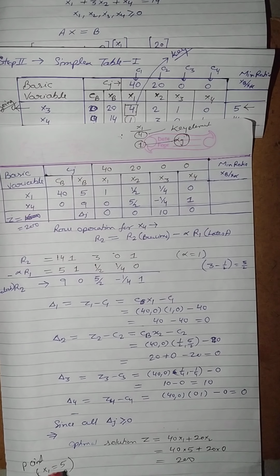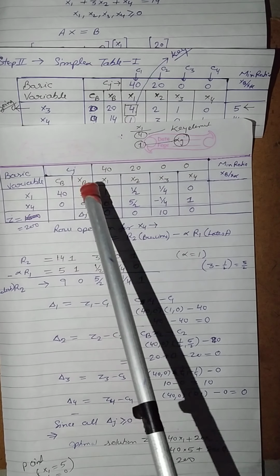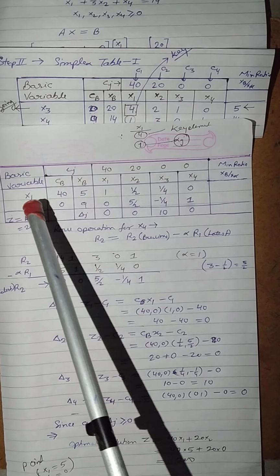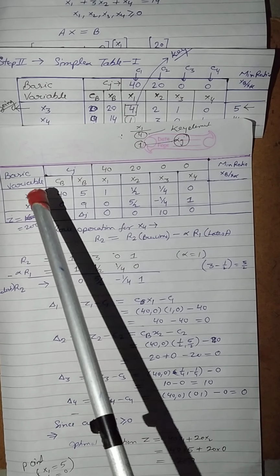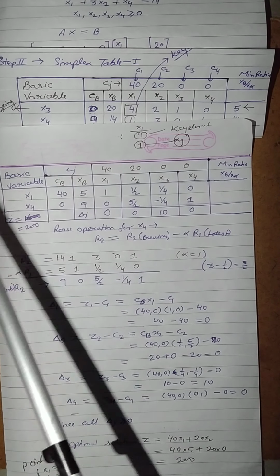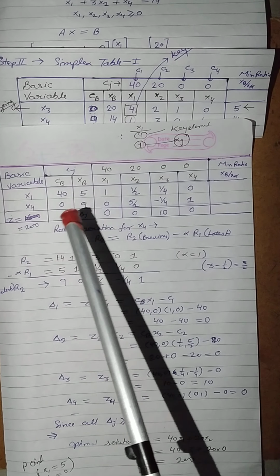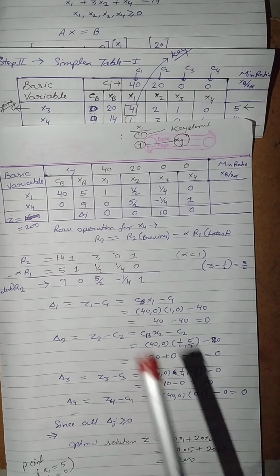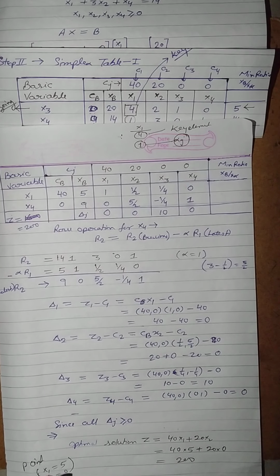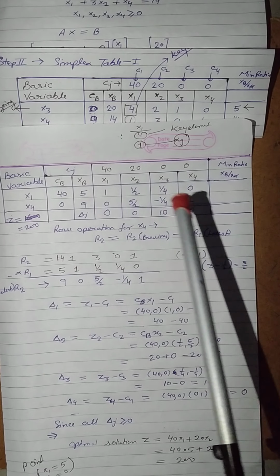According to this, we have only one point, x1 equal to 5, x2 is 0, x3 is 0, and x4 is 9. Then max z equals 40 into 5 plus 20 into 0, and the resultant is 200. This answer is optimal because all the delta j are greater than or equal to 0.